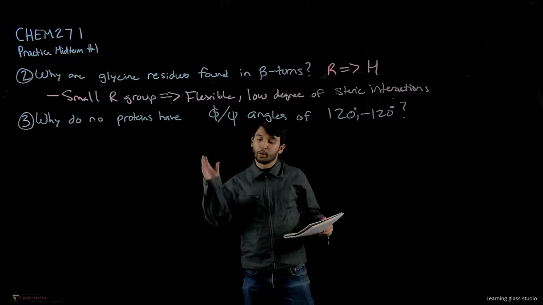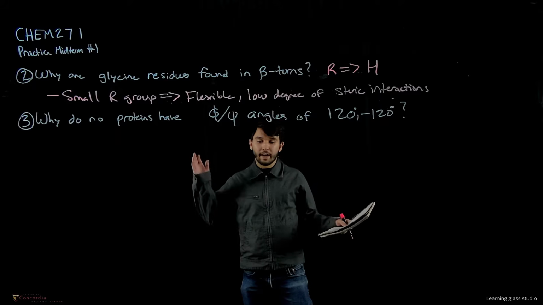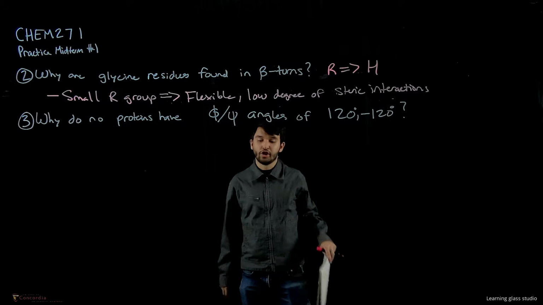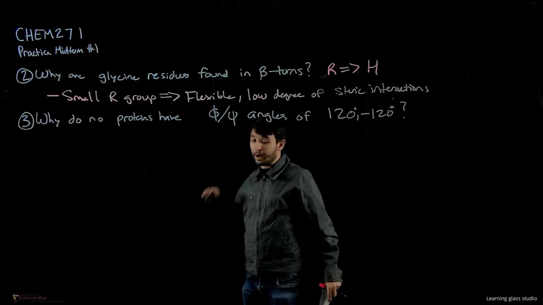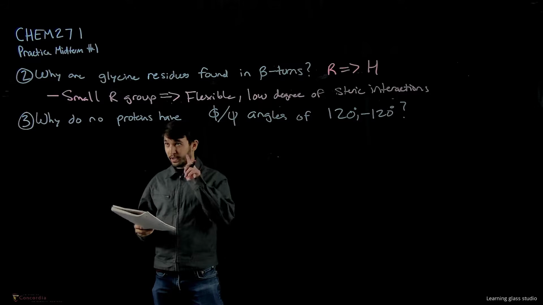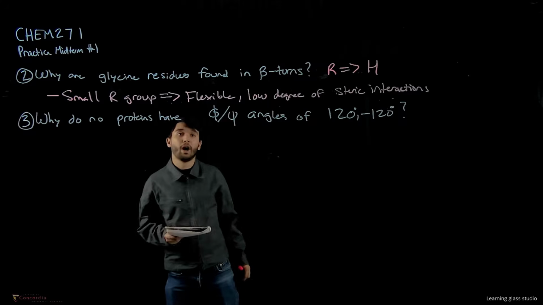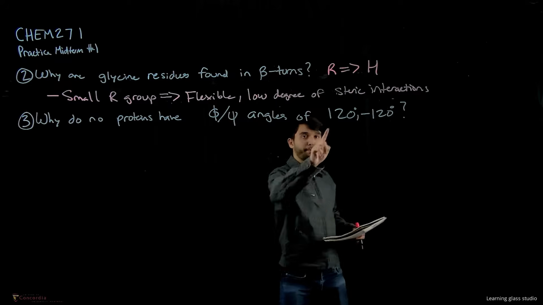So it's more favorable because it's small, it's not getting in the way, versus if you have like a tryptophan and a phenylalanine that are sort of clashing, that would cause much higher steric interaction, higher in energy, it would be less favorable.